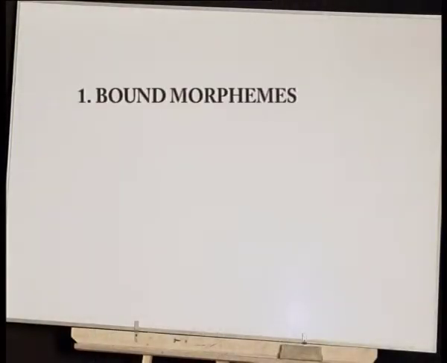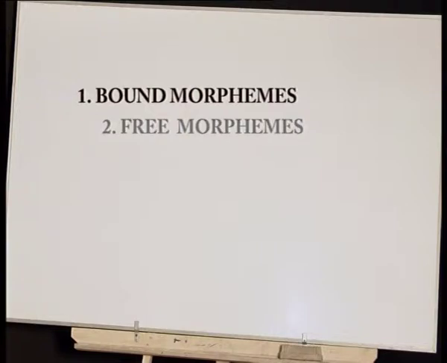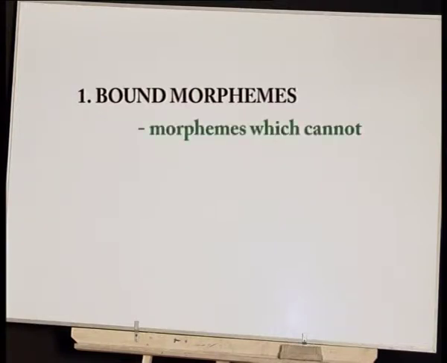Let's talk about the types of morphemes. There are 2 types of morphemes. They are bound morphemes and free morphemes. Bound morphemes are the morphemes which cannot occur on their own.